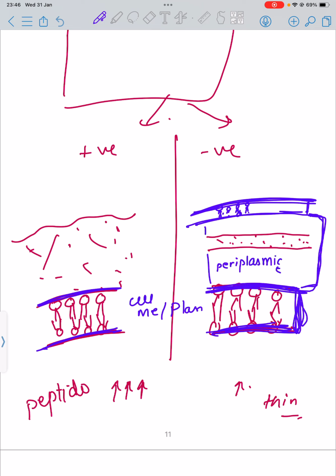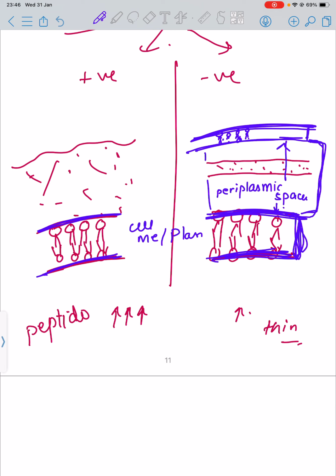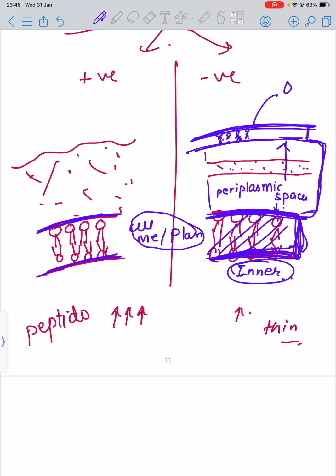This periplasmic space is the space between the outer as well as the inner membrane. Now, what is this inner membrane? This plasma membrane layer, in case of gram negative, is known as the inner membrane, while in case of gram positive, we may still call it cell membrane or plasma membrane. It is called the inner membrane because in addition to it, there is also an outer membrane.